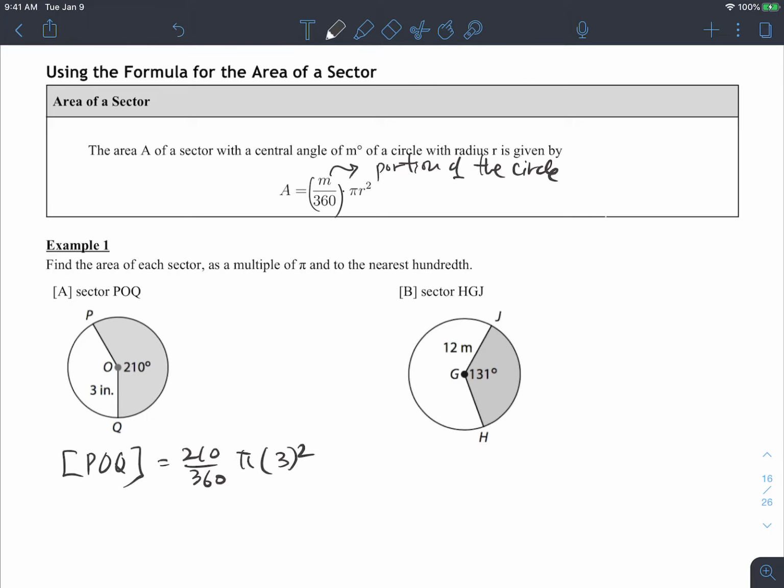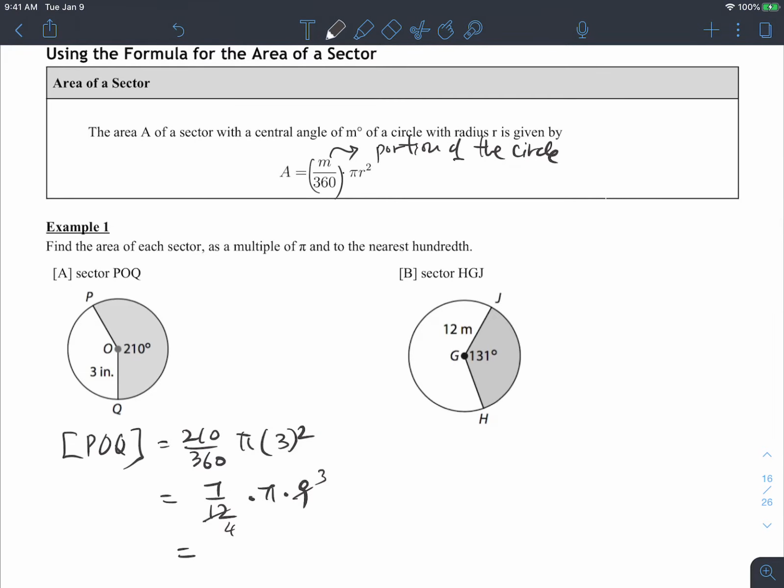What do they have in common? They have 30 in common, so that's 7 over 12 times 9. And I believe that's a 4 and a 3. Is that right? Yes, it is. And that will give us 21 pi over 4.